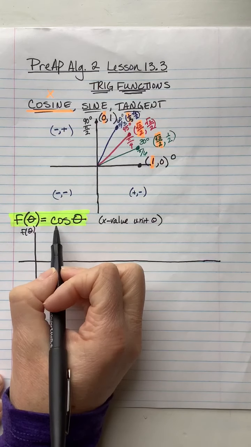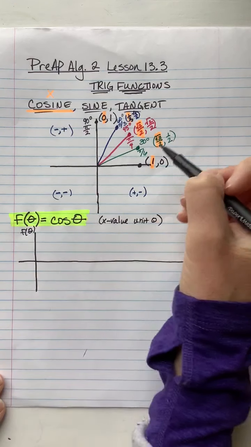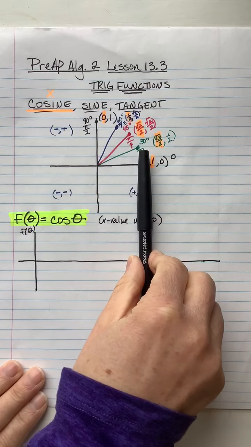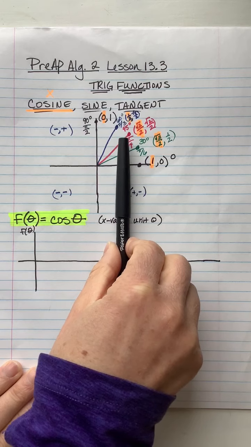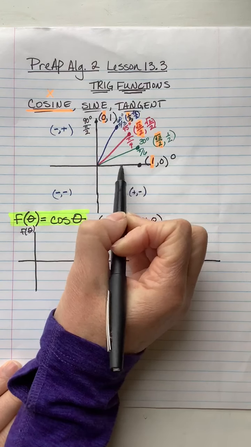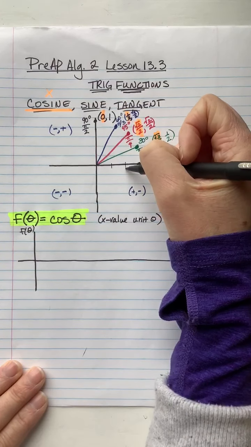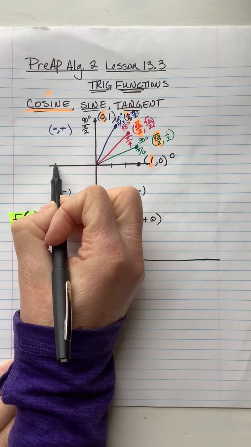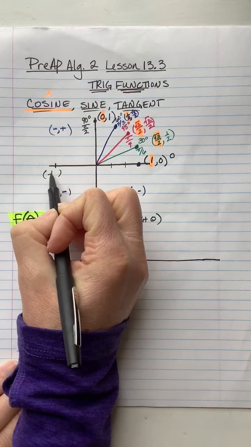We talked about my outputs being my cosine values. So I go anywhere from 1, that's my largest x value, and then I get smaller, smaller, smaller, smaller. Remember, we're mapping x values, so that's going to be all of these distances traveled. And then I'm going to get smaller and smaller all the way out here to -1.